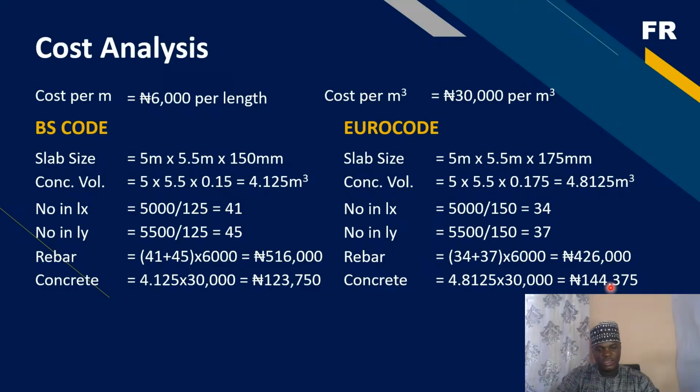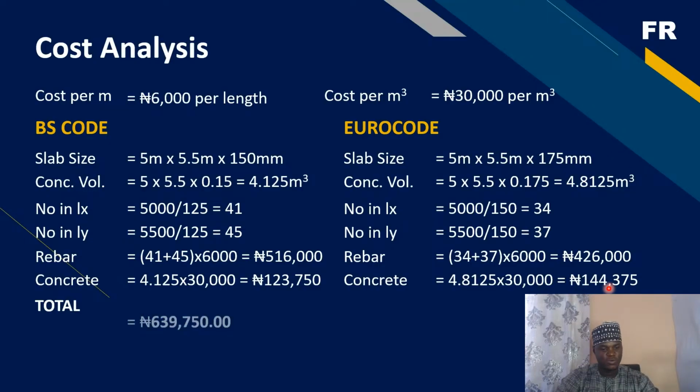So now you can do the total. According to the BS code, the total cost of reinforcement and concrete, we are neglecting labor cost and some other things, even though all other things will be partially the same, only for the formwork. This is 150 and this is 175.